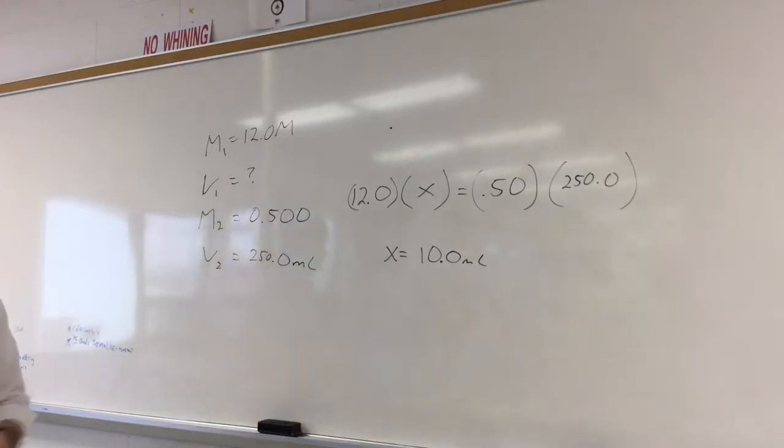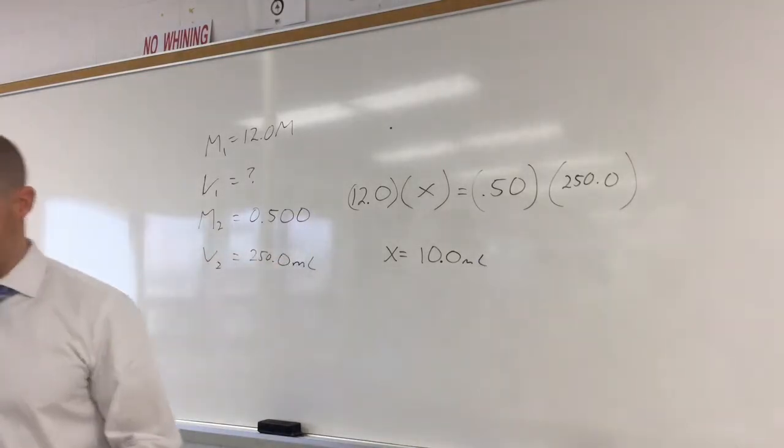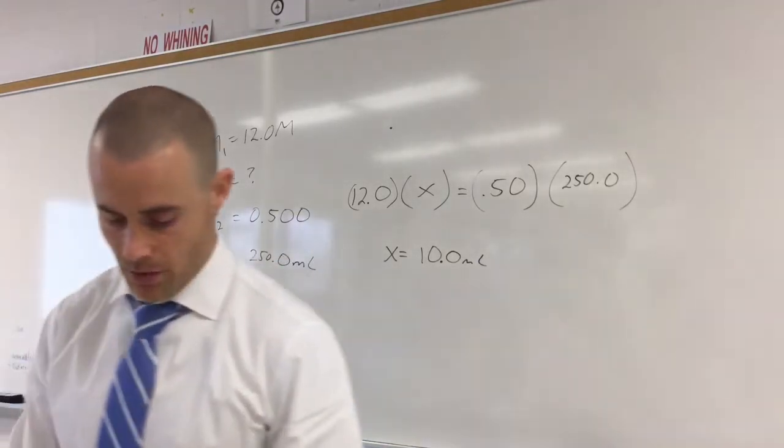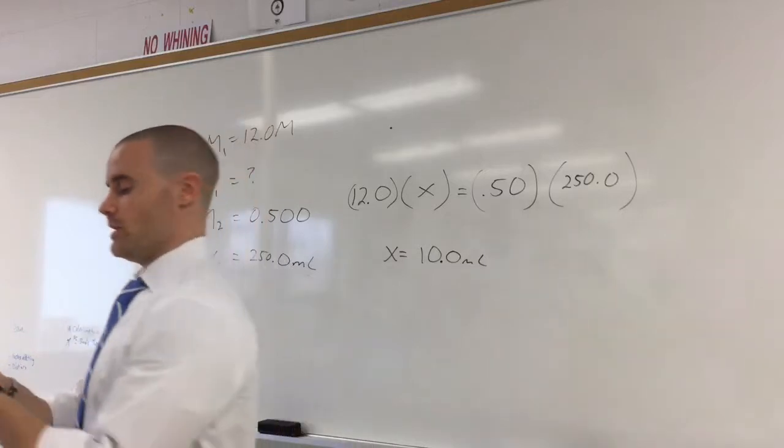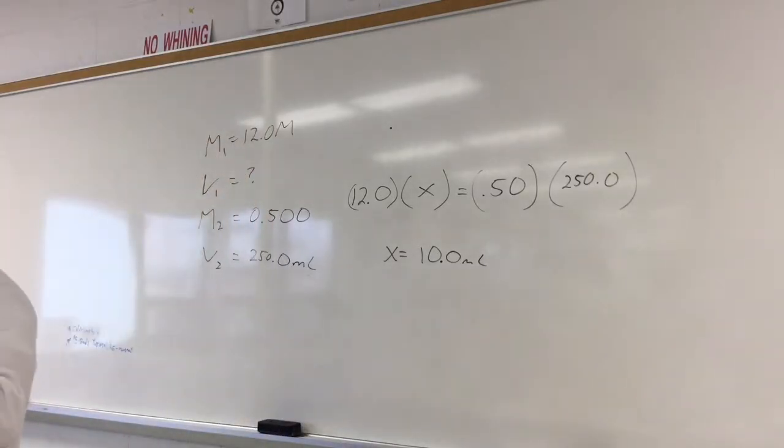Okay. So now, unfortunately, this isn't going to look a whole lot lighter, but here's how we would do this. I take this thing, it's called a volumetric pipette or graduated pipette. Put this in here. I don't really want to put this through my finger. That would be an unfortunate event.